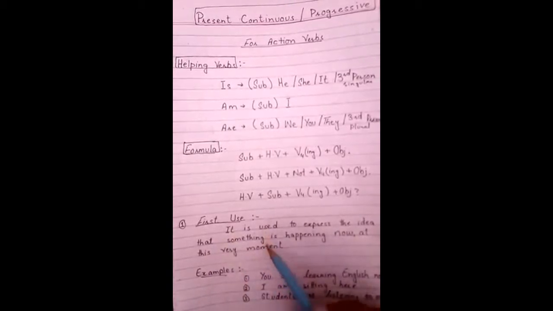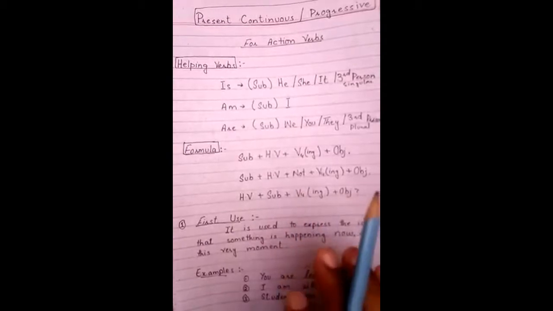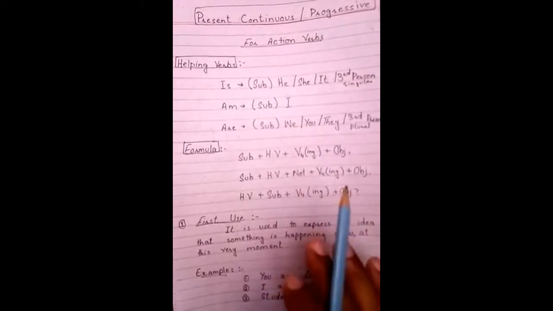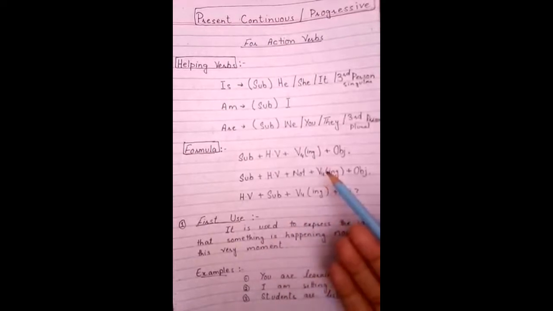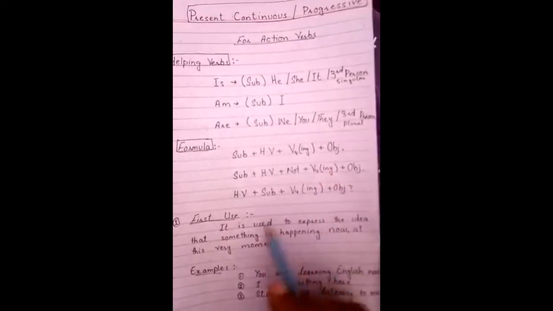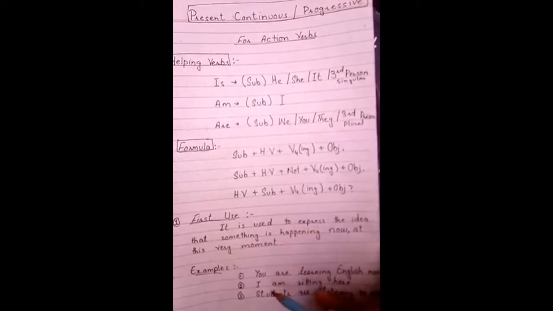It means that when we are in the middle of an action right at the moment, when we are doing something right now, we obviously use present continuous tense. So this is the first use of present continuous.